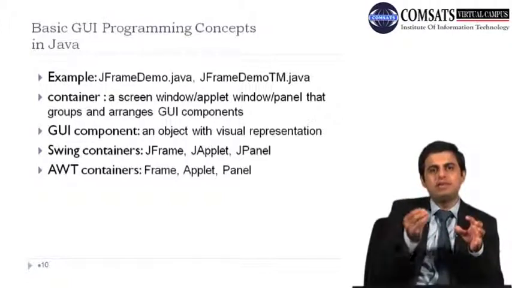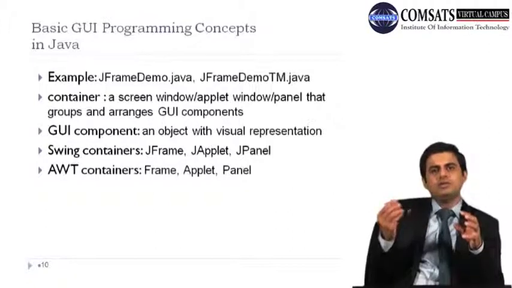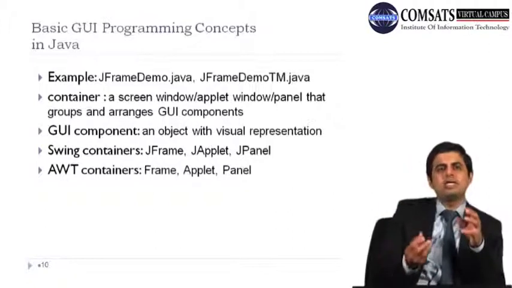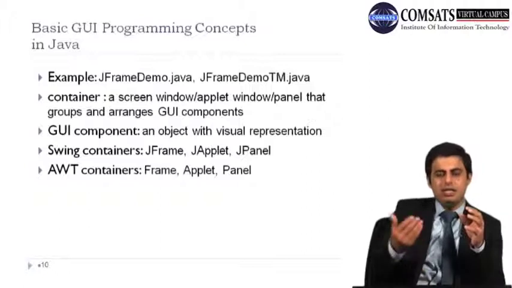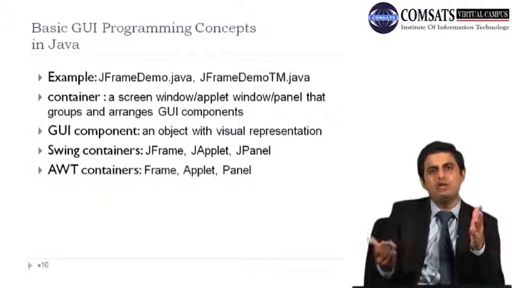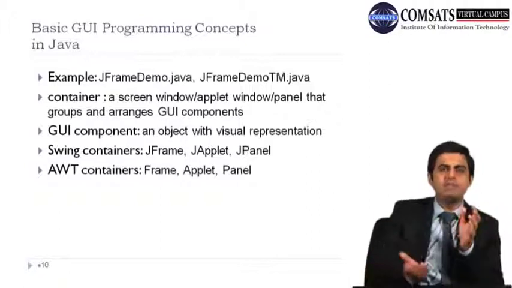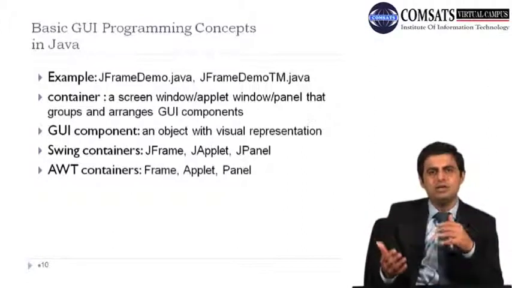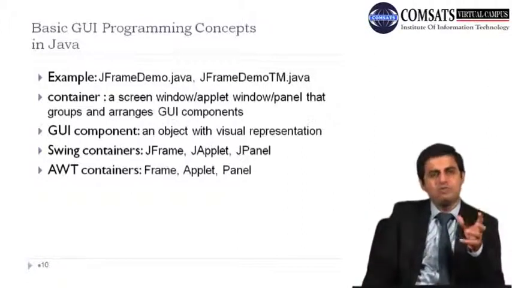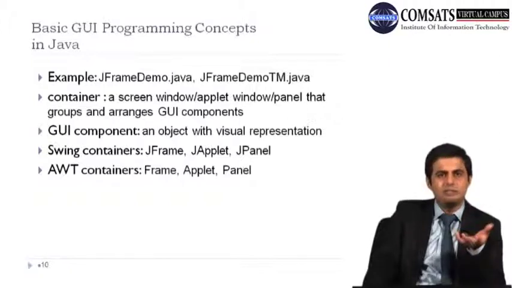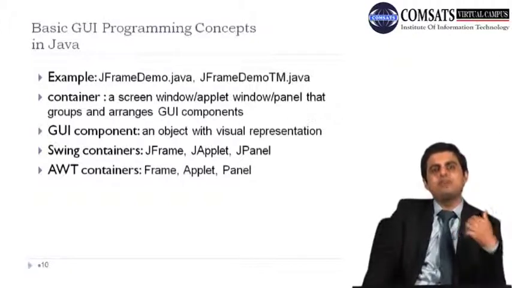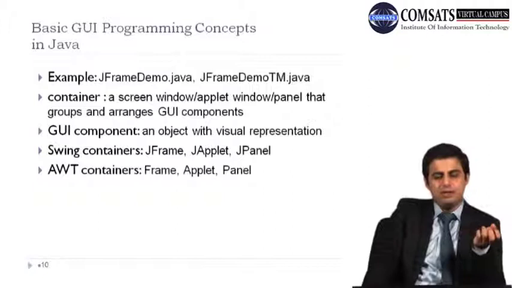So behind the button there is a JButton class, and this is basically a visual object. You can play with this object as you play with other normal objects. You can call different kinds of methods, you can override the methods, you can call the methods from parent classes as well. And Swing container examples are JFrame, JApplet, and JPanel.